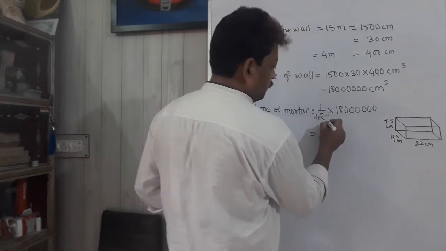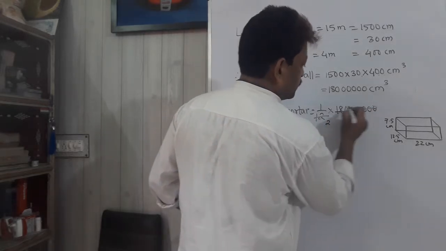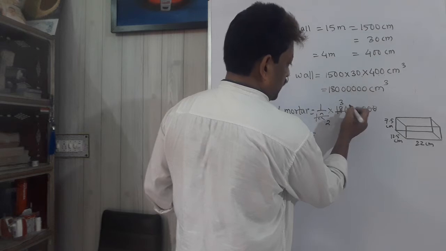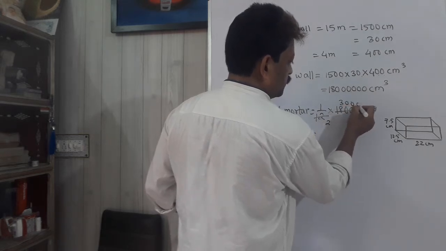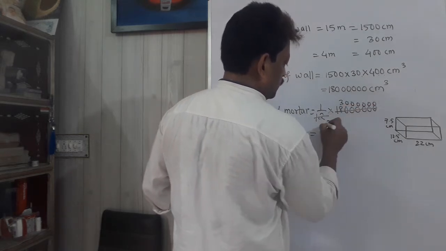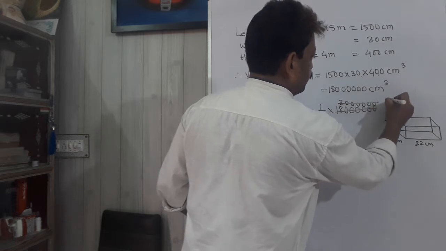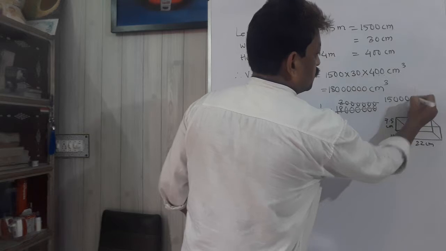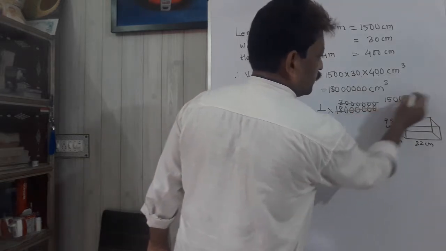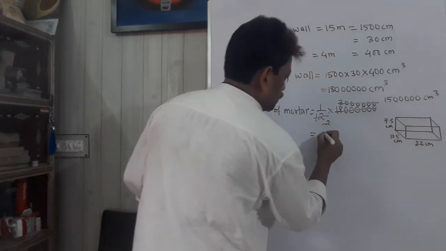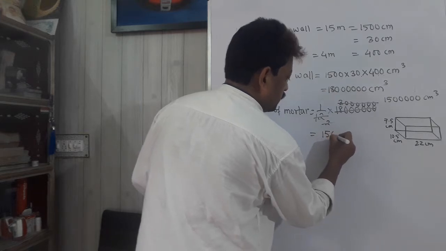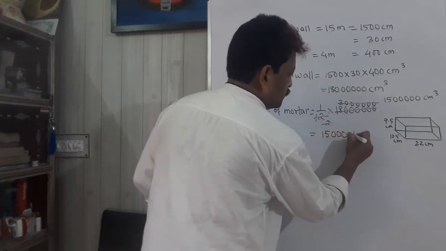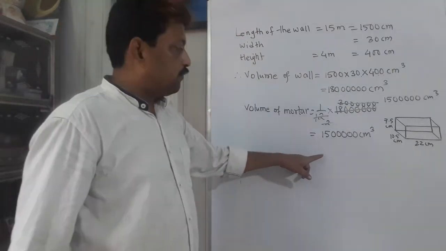By 6 it will be 2, by 6 it will be 3, so by 2 it will be cancelled, 15, then 5 zeros centimeter cube. So it is 15 then 5 zeros centimeter cube. So this is the volume of the mortar.